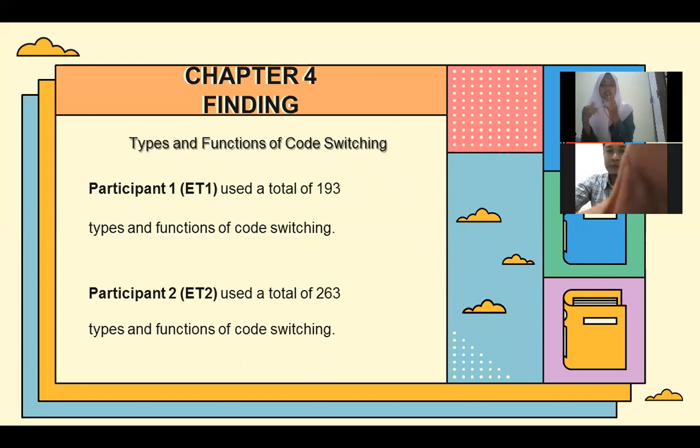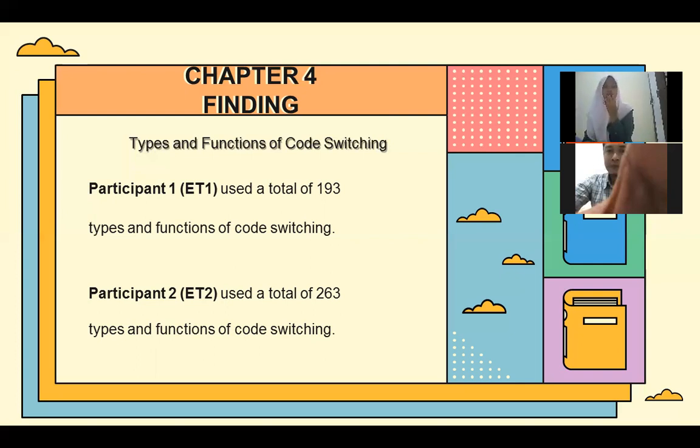Based on observations of English Teacher 1 or EP1, there are 193 types of code switching performed, from a total of 37 types of intersentential, 29 types of intersentential, and 127 types of tag switching or extra code switching.